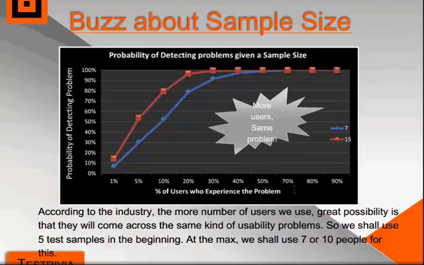Let's talk about sample size, and how many people you should invite to perform this usability test. The more people you call up, the more they will point out similar kinds of problems.